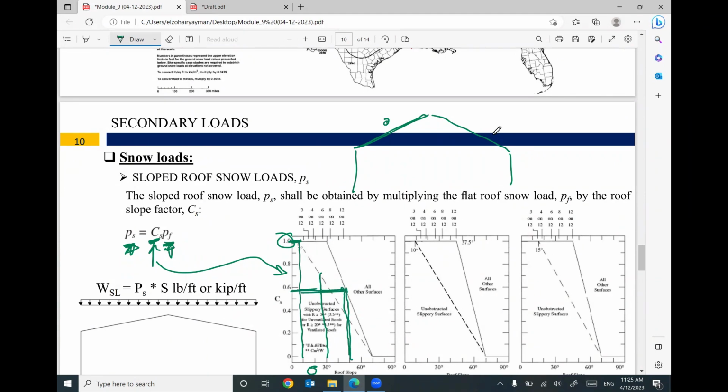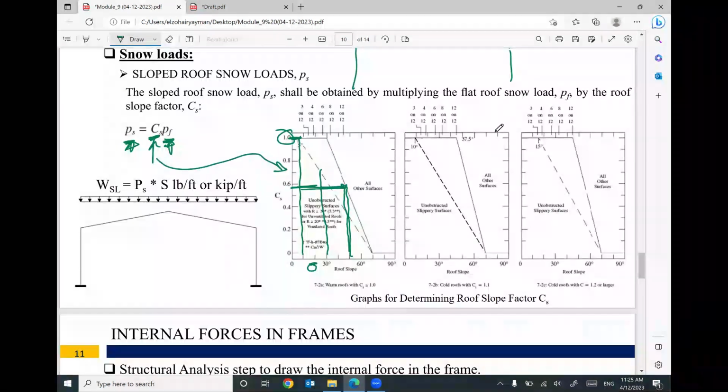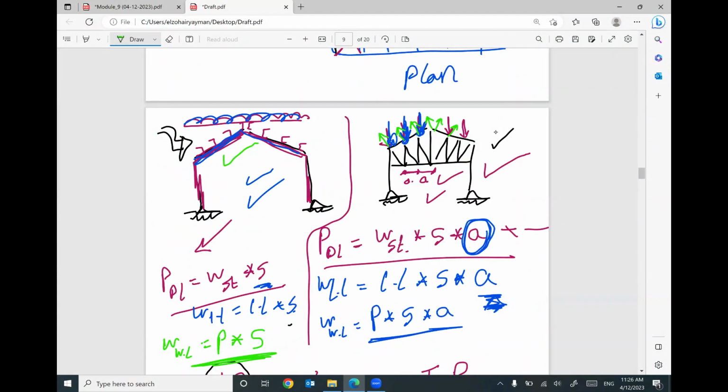That makes sense? Once you determine the value of the snow load, then you need to multiply this snow load value by S to convert it to kip per foot horizontal projection. That makes sense? If you go back to the truss, the W for snow load equals PS times S times A. Why multiply by S and A?